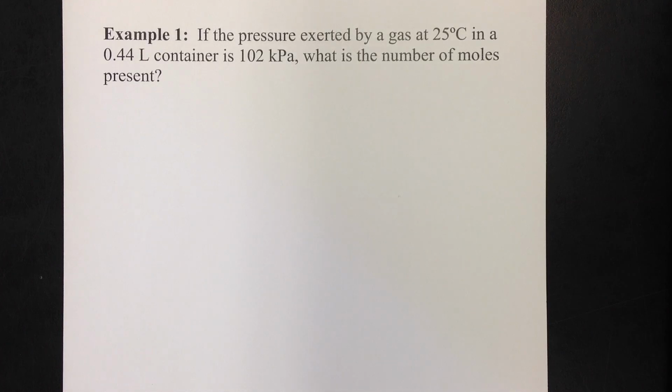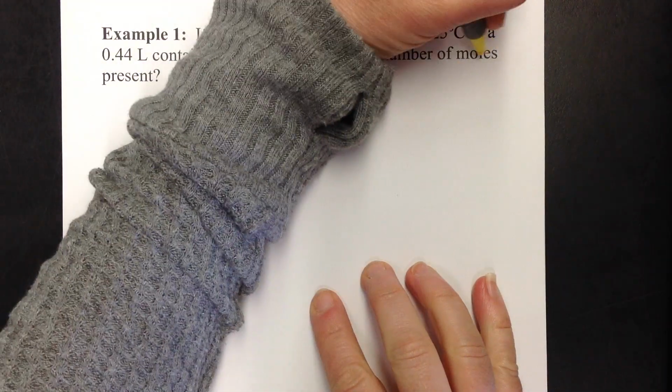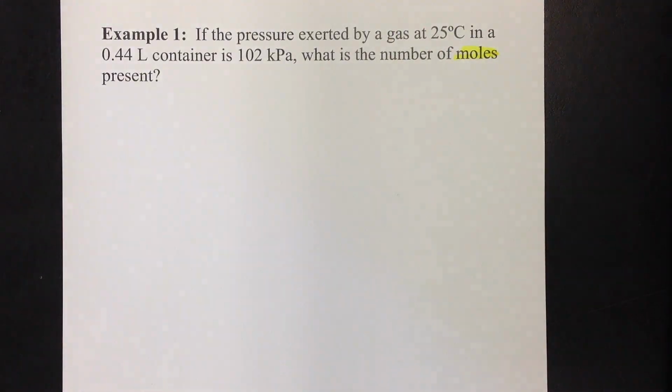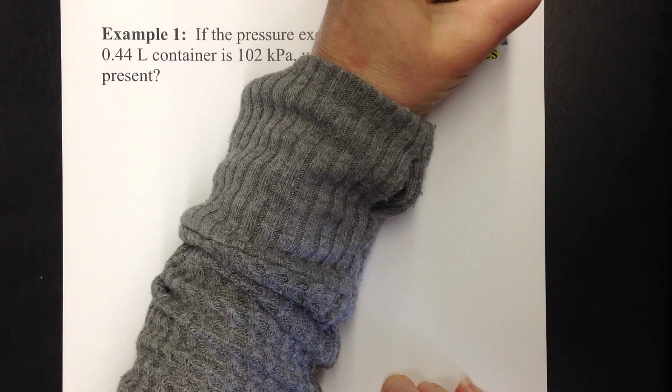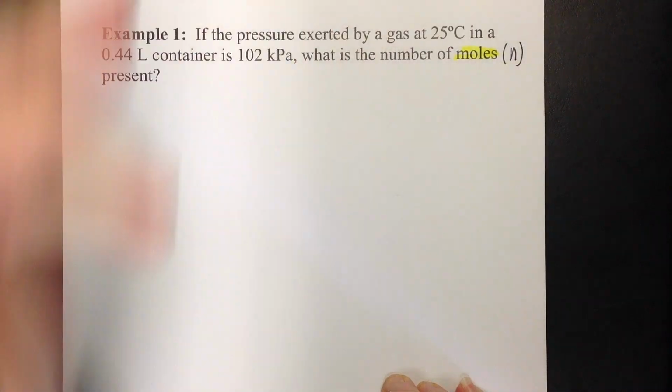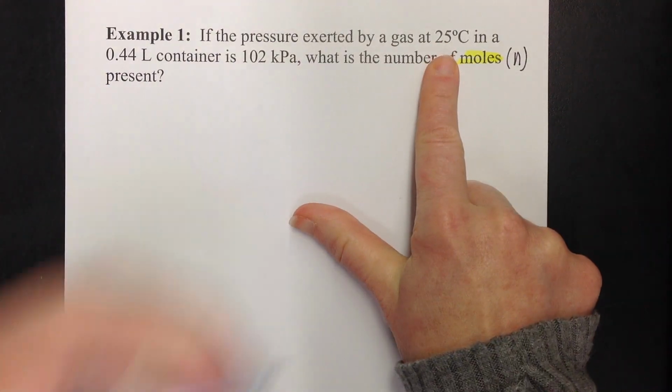If the pressure exerted by a gas at 25 degrees Celsius in a 0.44 liter container is 102 kilopascals, what is the number of moles present? So what I like to do here is just go through and label everything before we even start. They're asking me to solve for moles, and I know that moles is N. They gave me temperature.